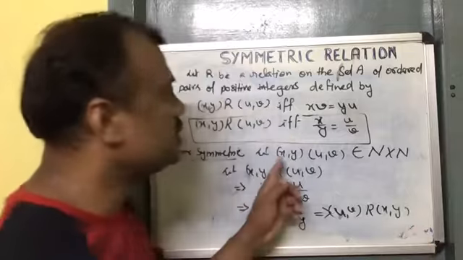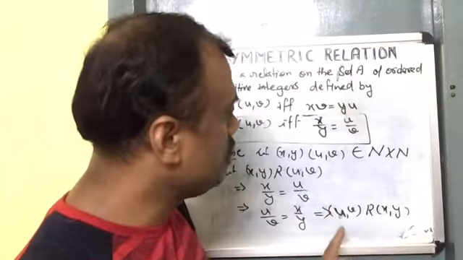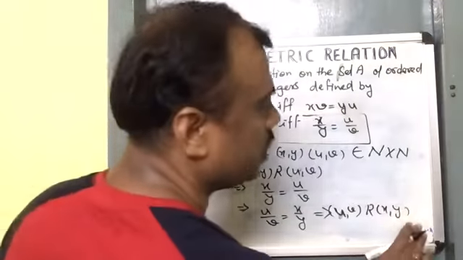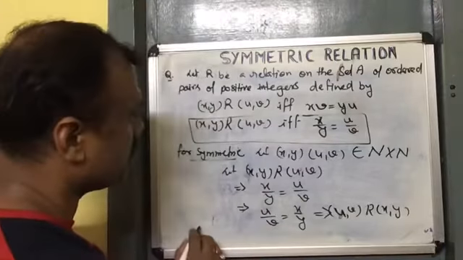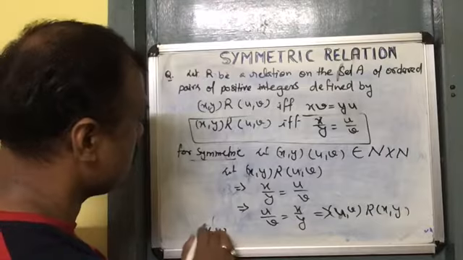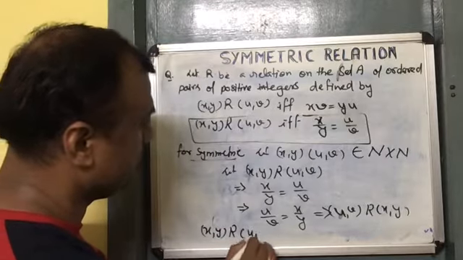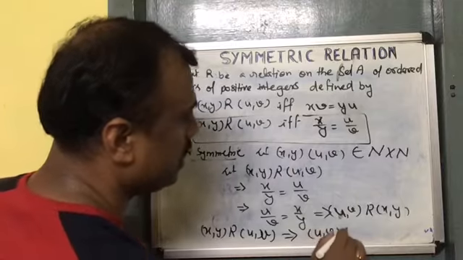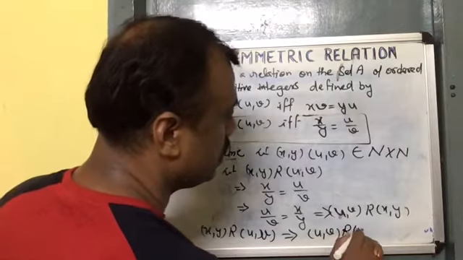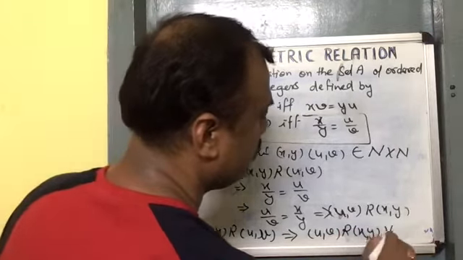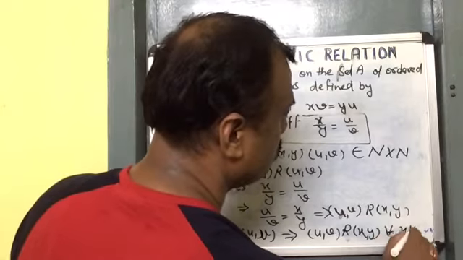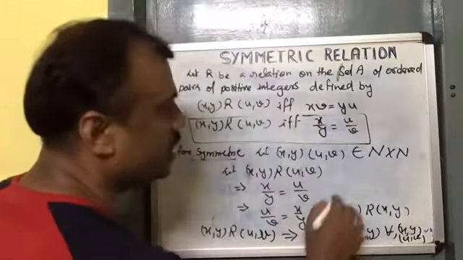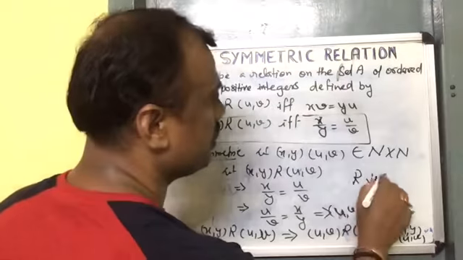Since I have taken arbitrary elements, I have proved it, so it will be true for all the elements. So we can write (x,y) related with (u,v) implies that (u,v) related with (x,y) for every element of (x,y) and (u,v), which implies that R is a symmetric relation.